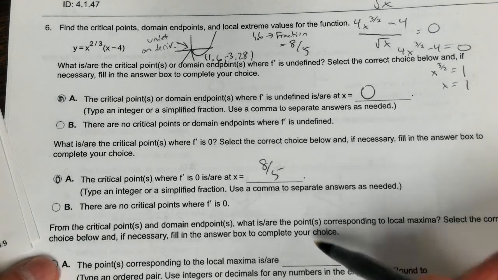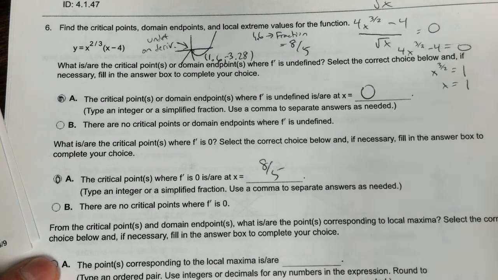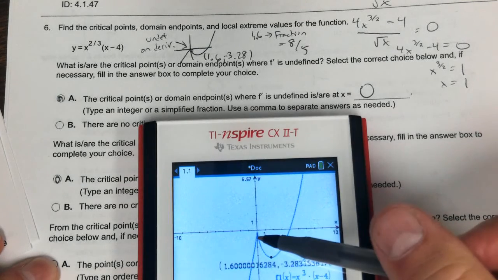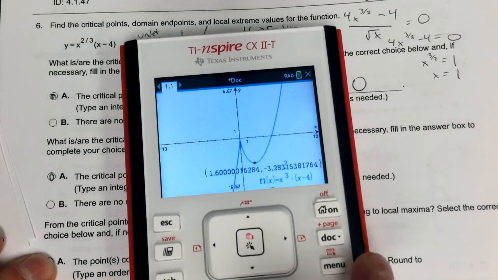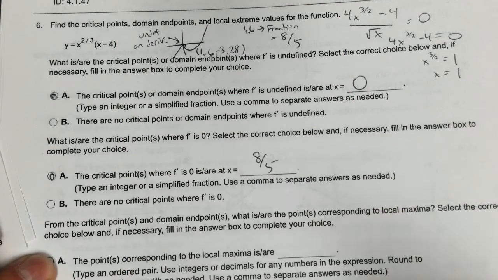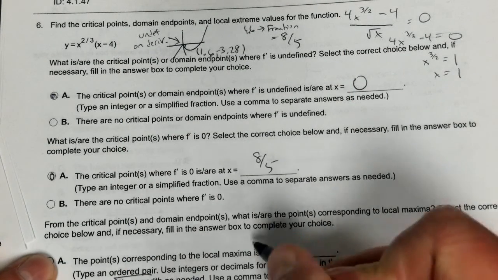So there's your x equal 8/5 is your critical point. Your local maxima would be the 0, 0, because we saw that was a maximum on the interval. So it wants an ordered pair here, which is 0, 0.